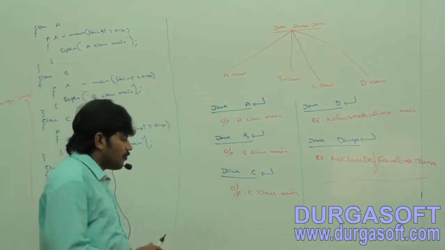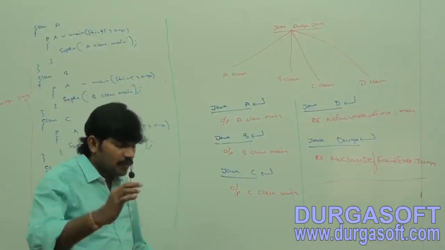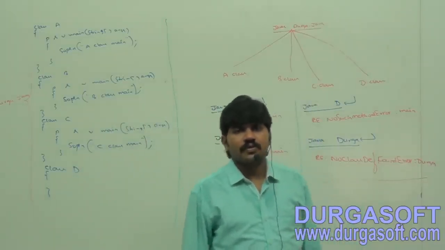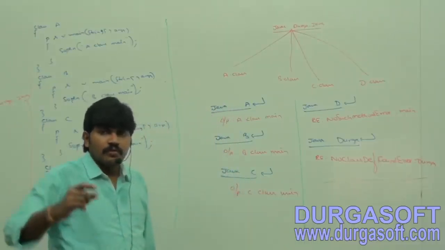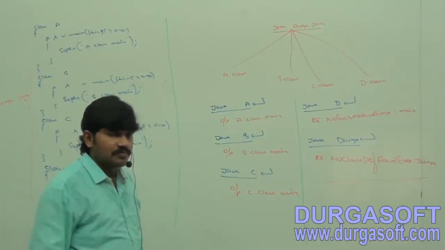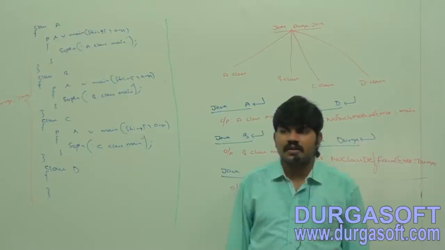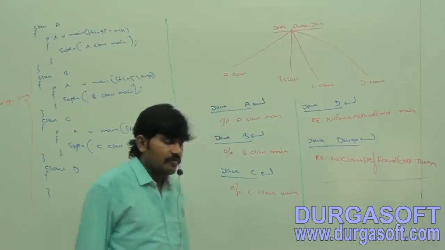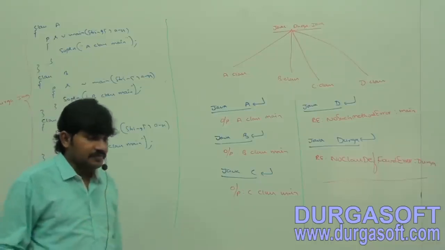Whenever we are compiling a Java program, for every class present in that program, a separate .class file will be generated.